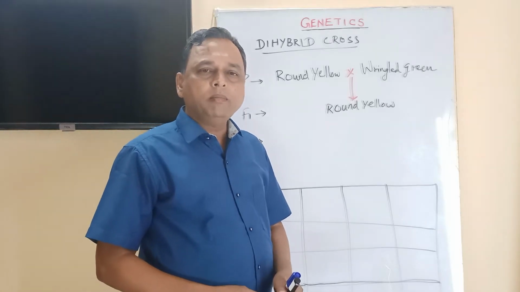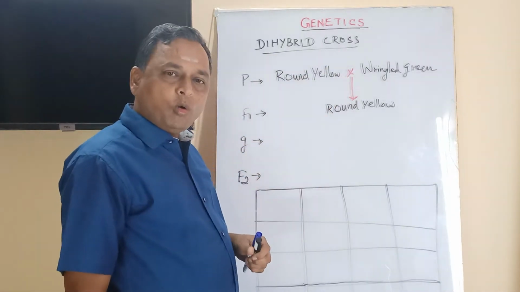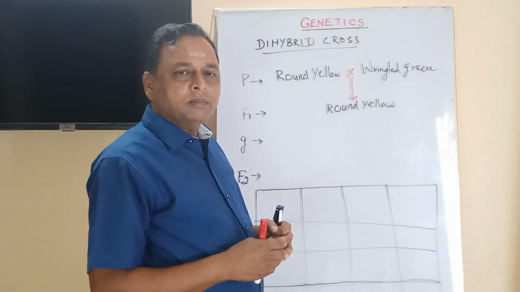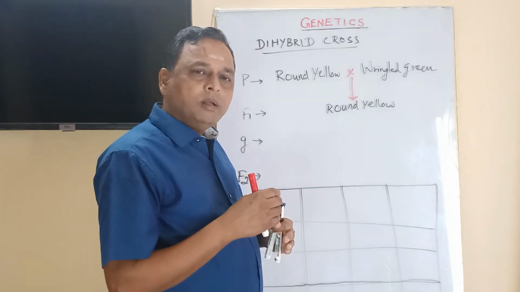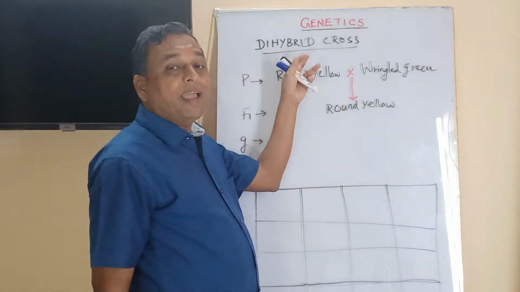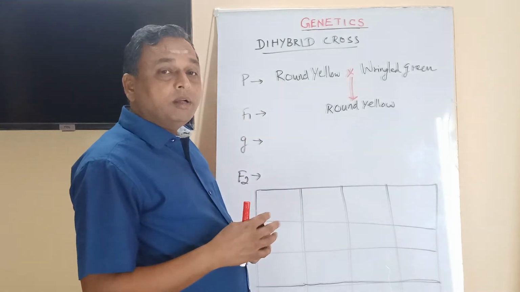Now let us see dihybrid cross. Already we have seen monohybrid cross, incomplete dominance, then codominance. Now the third one is dihybrid cross. Di means two. Here in the cross they have taken two traits.